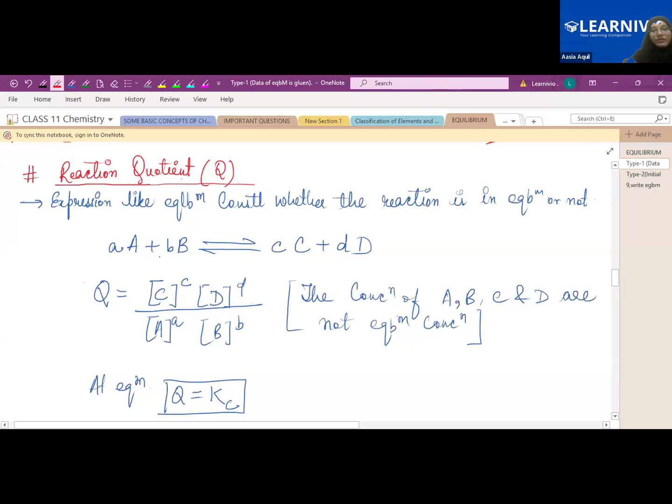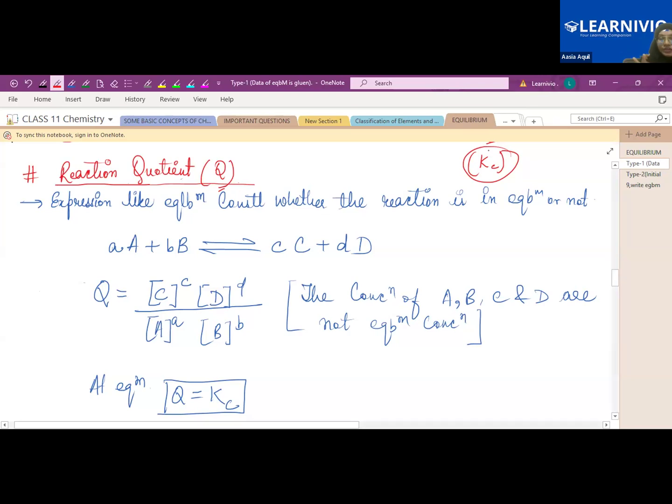So reaction quotient. Let's understand what we mean by reaction quotient, which is denoted by capital Q. It is an expression like the equilibrium constant. Equilibrium constant is denoted by Kc, right? The reaction quotient is just like an equilibrium constant, but the difference is that the equilibrium constant is for that reaction where the reaction is in equilibrium.